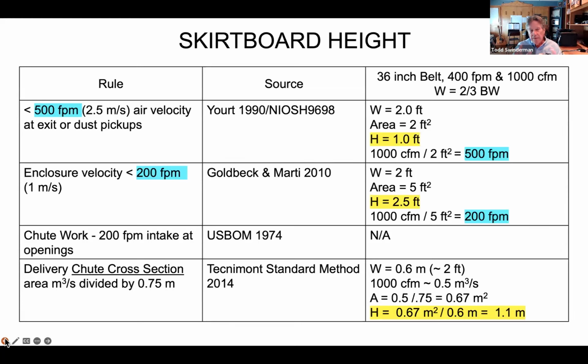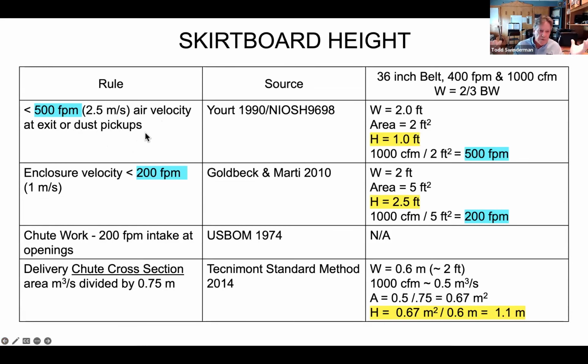We're looking at this skirt board enclosure to do two things: contain the material until it's settled down and can form a nice uniform profile on the belt. But we're also looking at dust control. What are the things we can do with our skirt board design to help with dust control? Well, this first rule says if you're going to put a dust pickup on it, you want to design for an airspeed of 500 feet per minute.